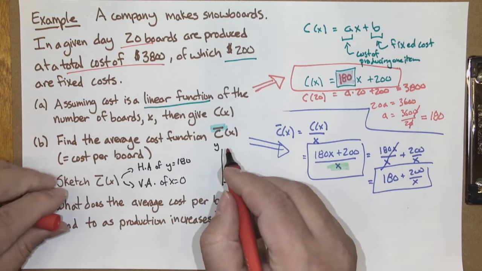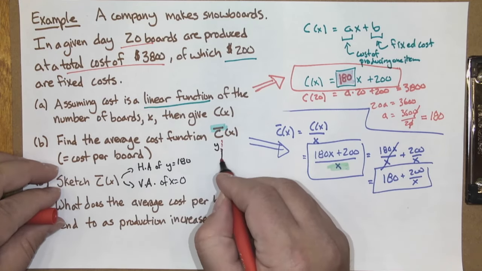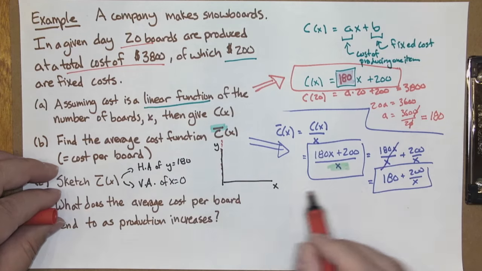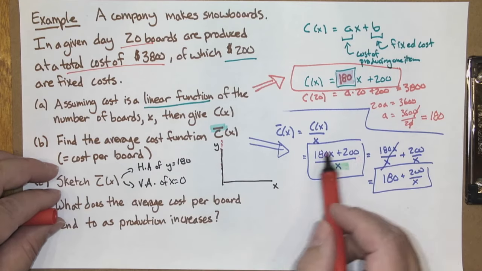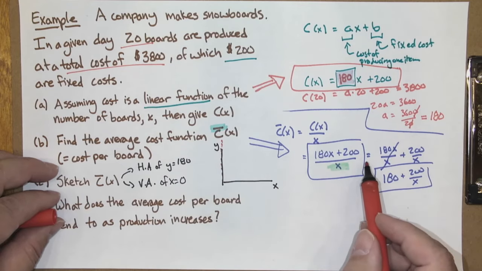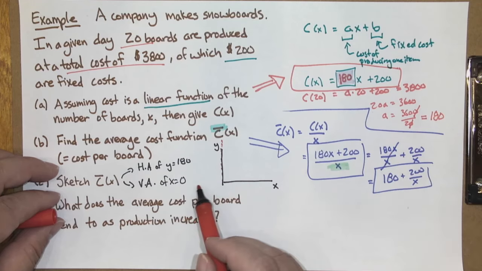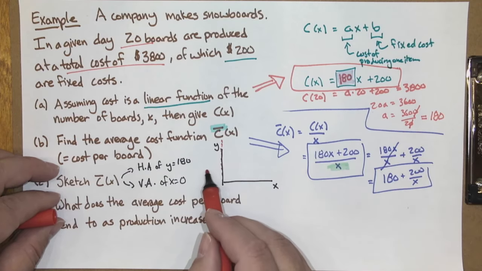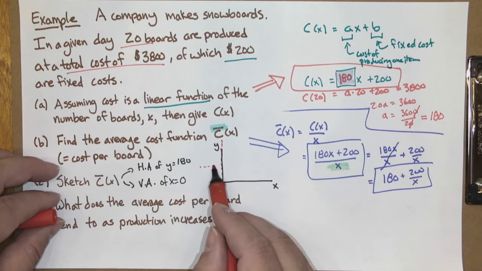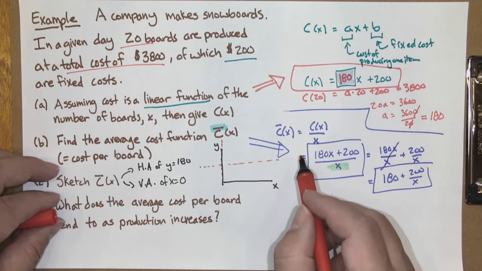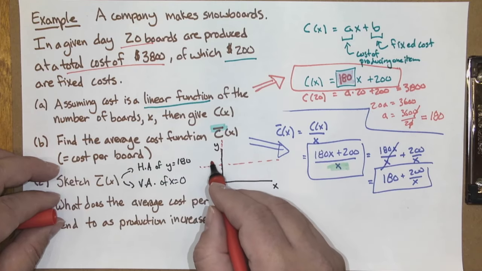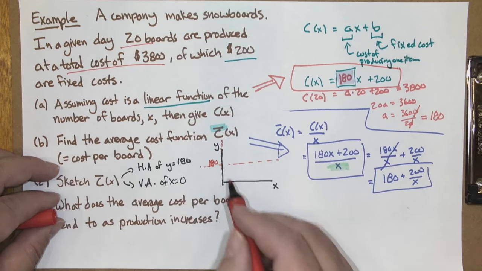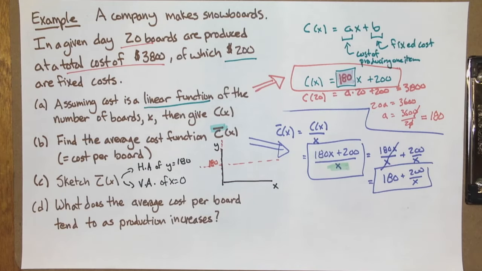We know we have a vertical asymptote of x equals 0. There's no intercept for the x-axis, because 180x plus 200 equals 0 would be an intersection over in the negative value, so we don't care about that. We have a horizontal asymptote at 180. And we can say, well, what happens?